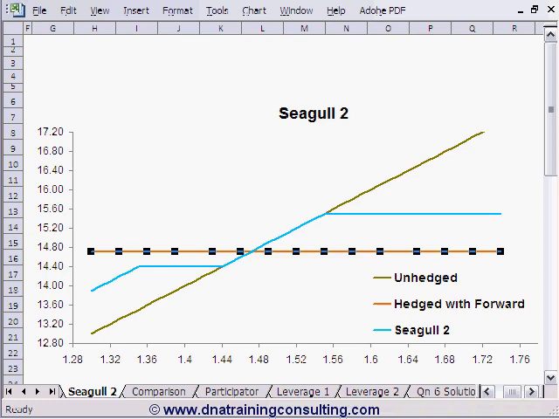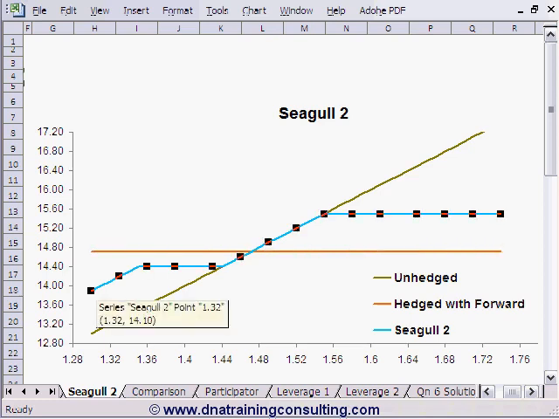Again, the current graph reveals a seagull shape, but this time flapping its wings downward, i.e. in the opposite direction from the previous illustration.